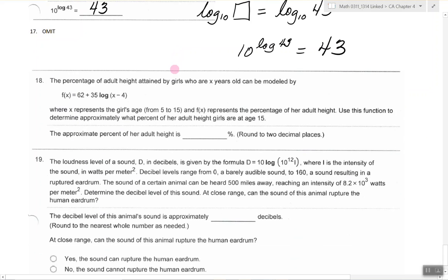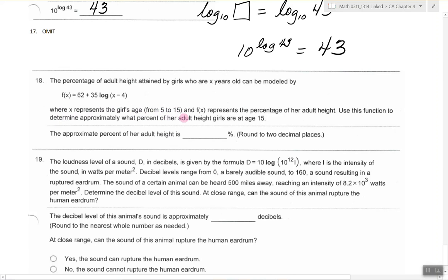Let's look at just a couple of application problems. It says the percentage of adult height attained by girls who are X years old can be modeled by this function. X represents the girl's age from 5 to 15.